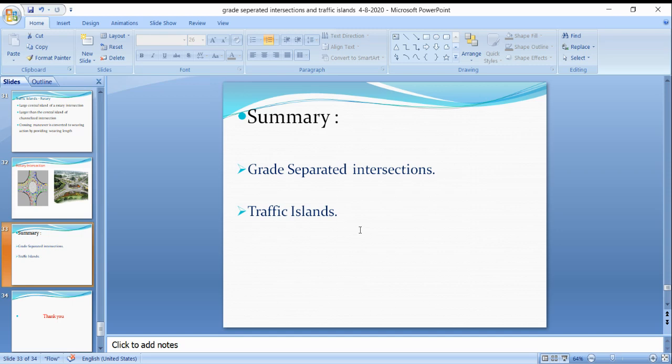So next comes the diamond intersections. It is used when a heavy traffic road is crossing a less traffic road. There we will provide the diamond intersections. Here we make the vehicles cross each other, one above the other.